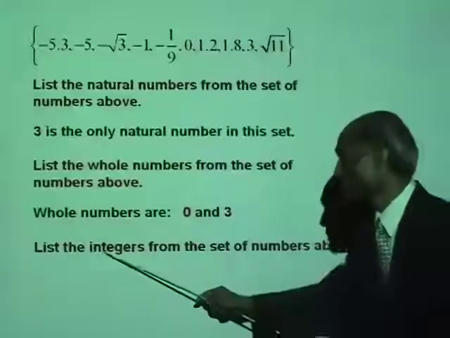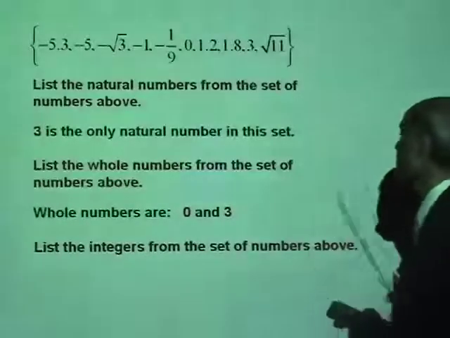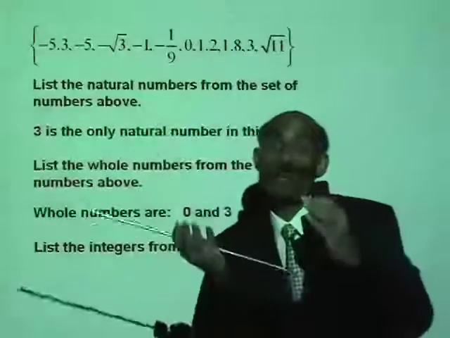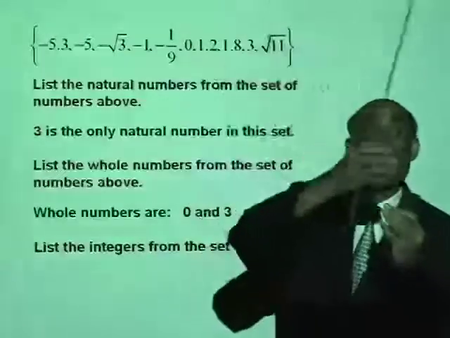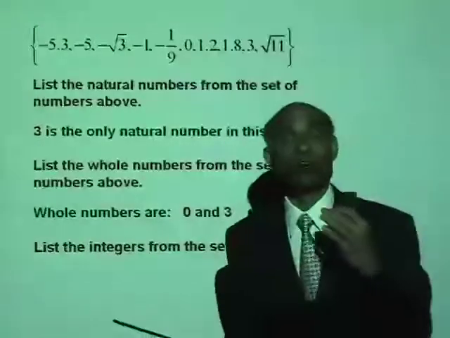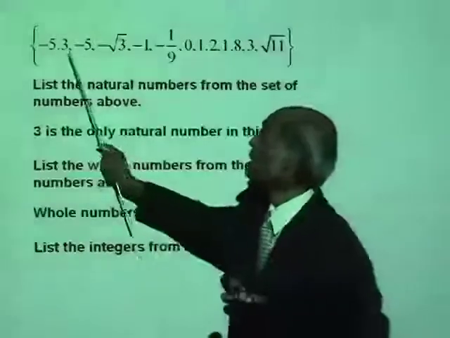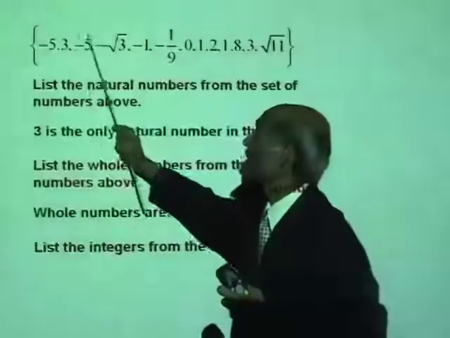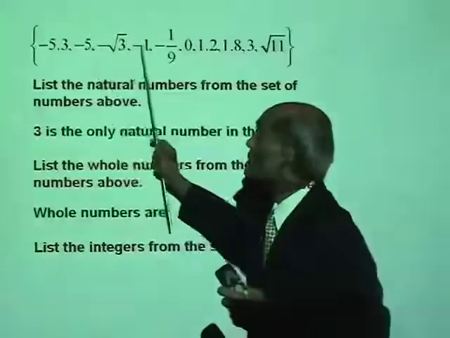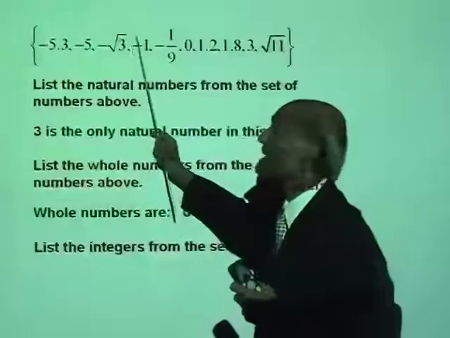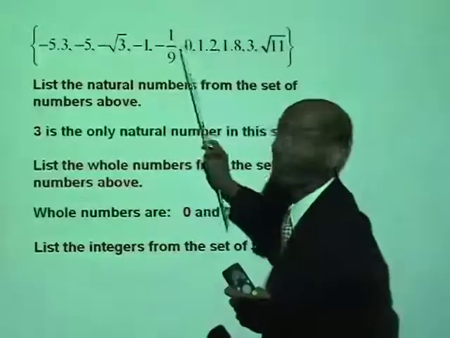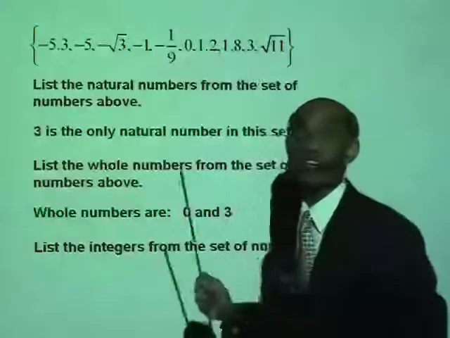How about this? List the integers in the set. Integers also include the opposites of natural numbers. So if you come from the left, you see -5 is an integer. -1 is an integer. 0 is an integer. 3 is an integer.